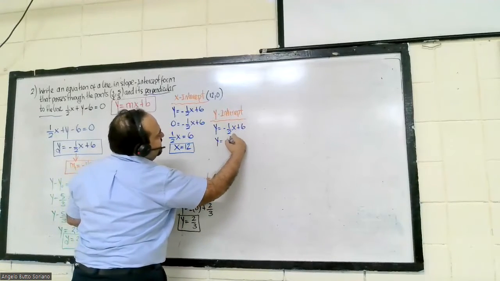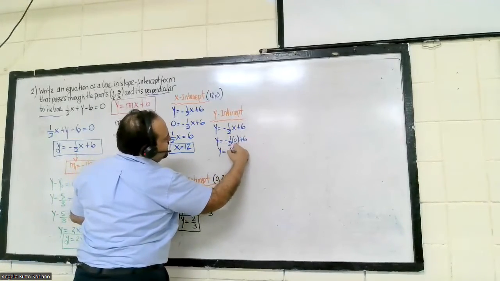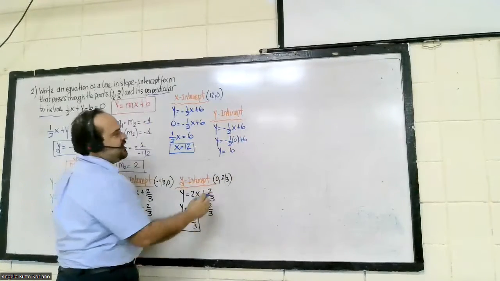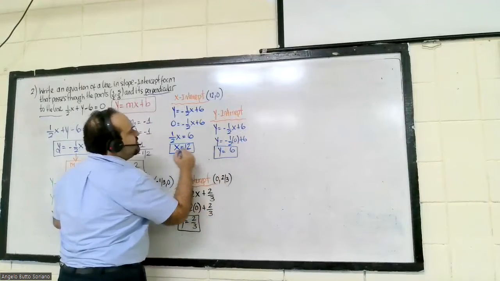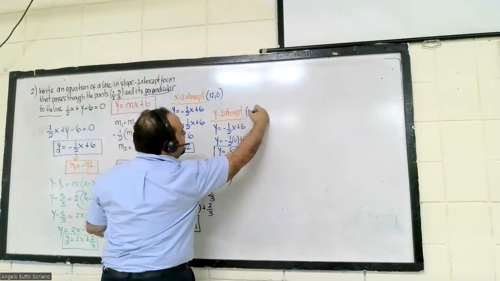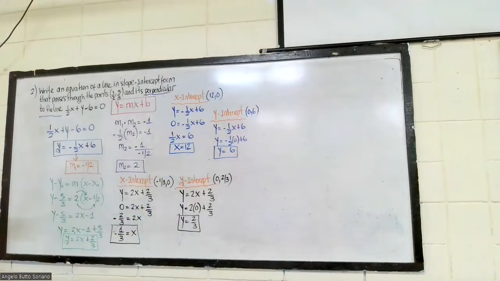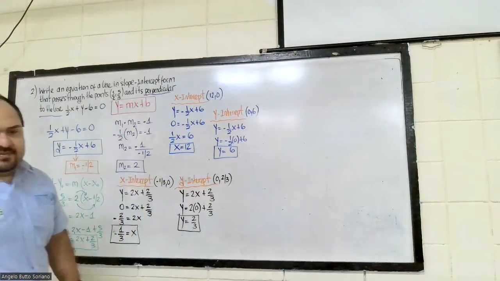Replace x by 0. And the answer will be 6 units, right? So the y-intercept will be 0, comma 6. Now we are fully prepared to sketch the graph.